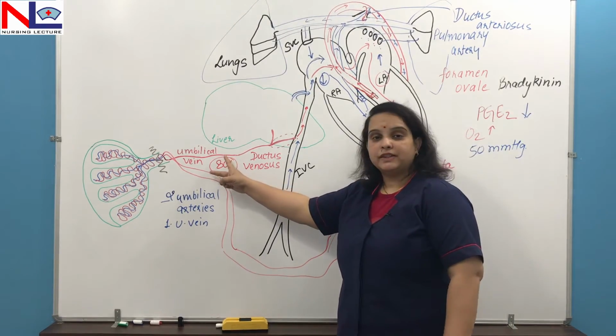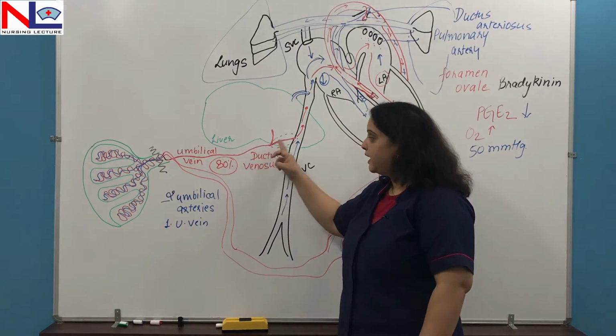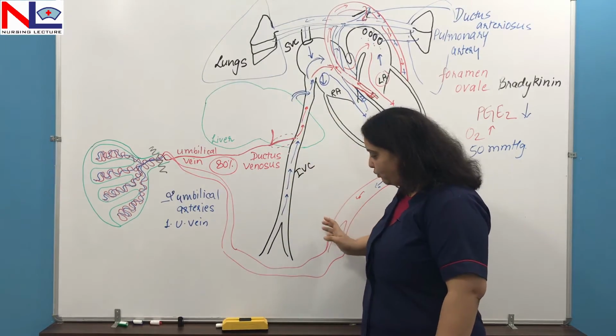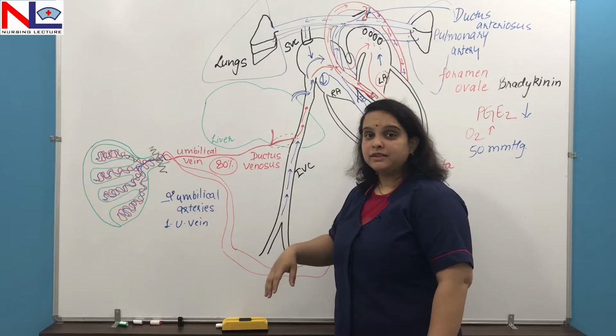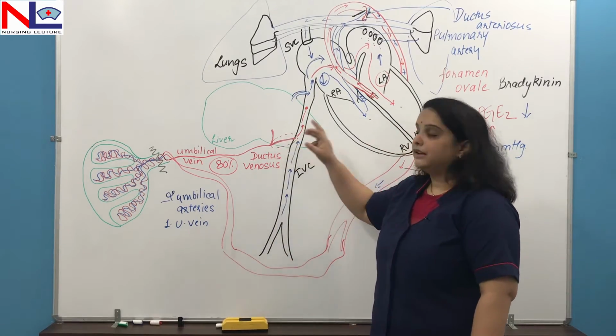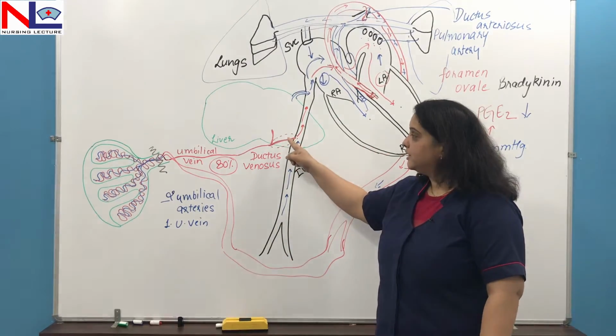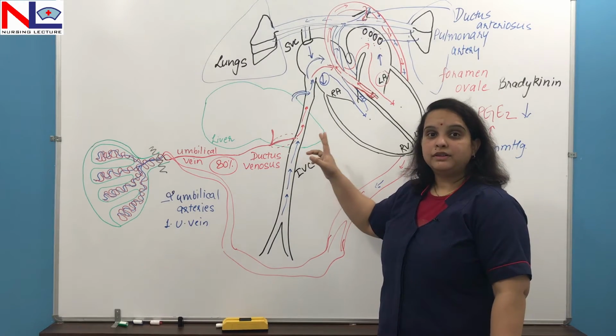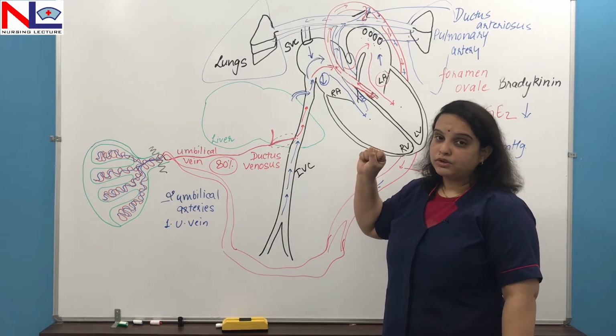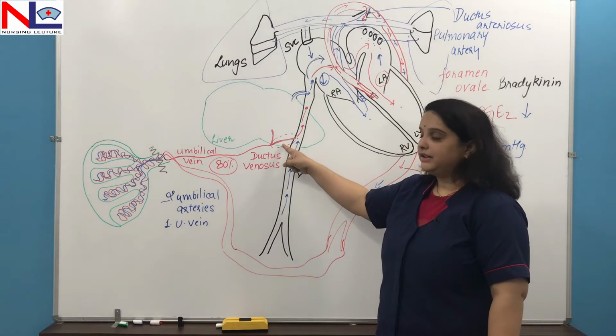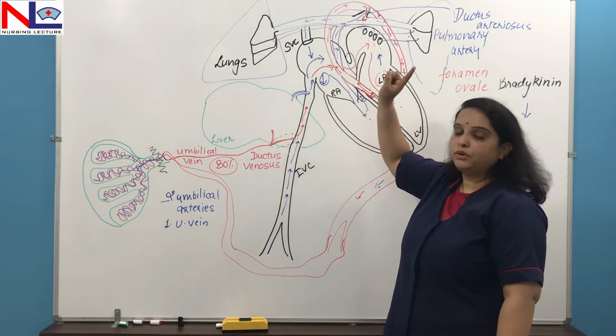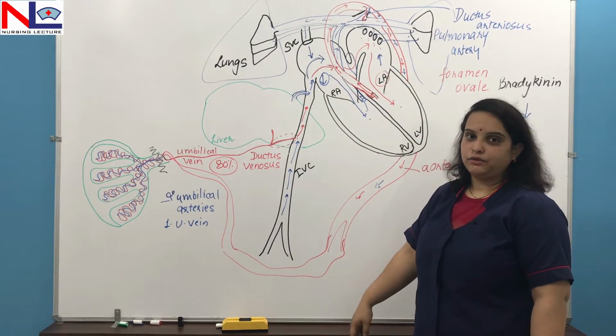Both the vessels are cut down, no more blood will be going toward the heart and no more will exit from this fetal body. Okay, and the three shunts which are open during fetal life become closed down. What are they? The ductus venosus, the foramen ovale and the ductus arteriosus.